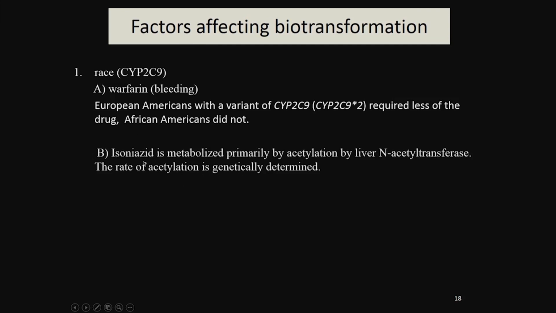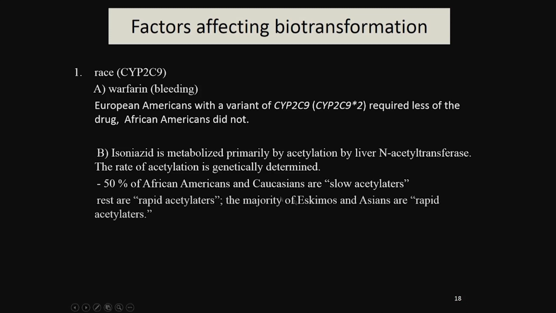Isoniazid is used for tuberculosis. It is metabolized primarily by acetylation in the liver by acetyl transferase. The rate of acetylation is genetically determined. 50% of African Americans and Caucasians are slow acetylators, that means they have this drug present in the body for a much longer period of time. The rest are rapid acetylators.